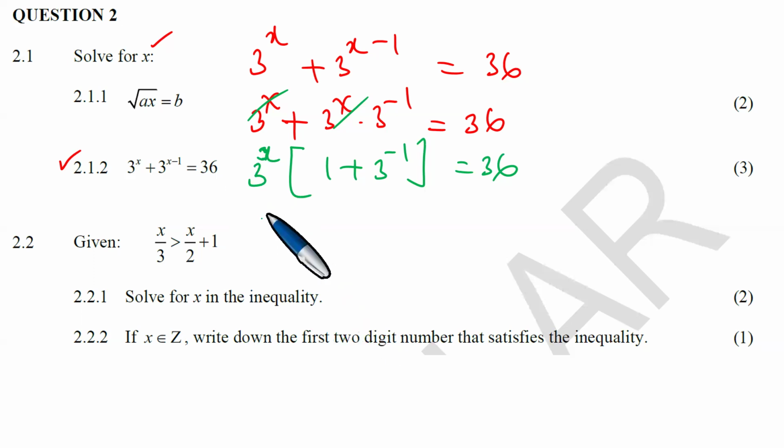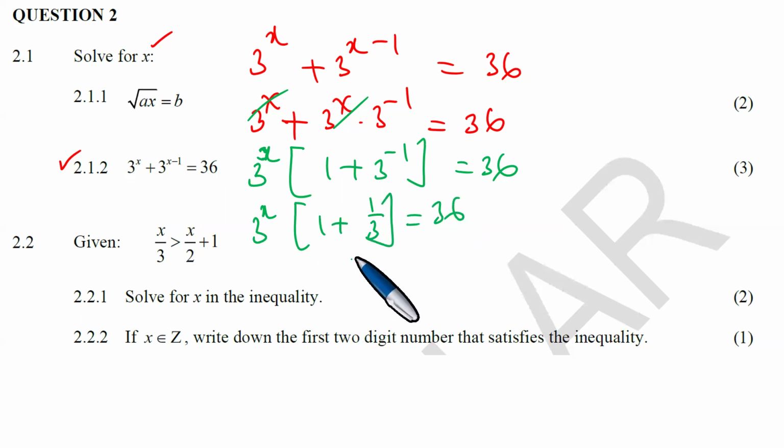Okay, I get your point. So this is 3 to the power x. What do we do now? We need to add. We collect items and add them up. So it's 1 plus 3 to the power minus 1, which is 1/3, and that equals 36. So 1 plus 1/3 is what? 4/3.